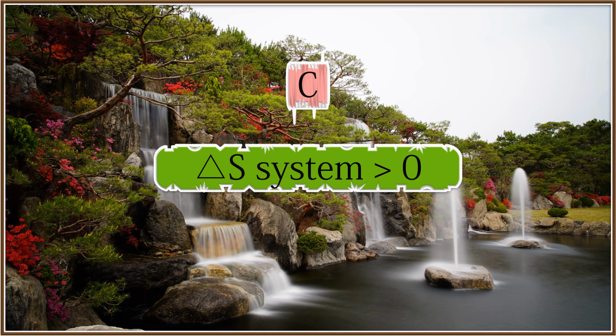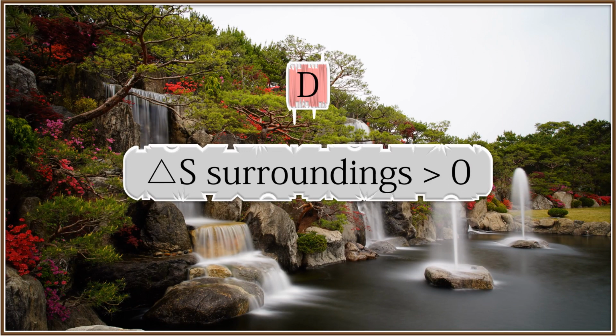Change in entropy system is greater than 0. Change in entropy surroundings is greater than 0.